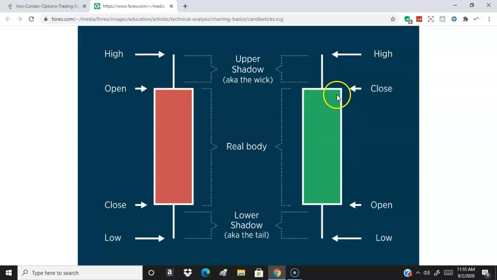And then depending on what type of chart you have, a 5-minute chart, 15-minute chart, 30-minute chart, etc., the candle won't finish until the expiry of the chart time. So if you have a 15-minute chart, it goes on every 15 minutes. Then it starts a new candle.